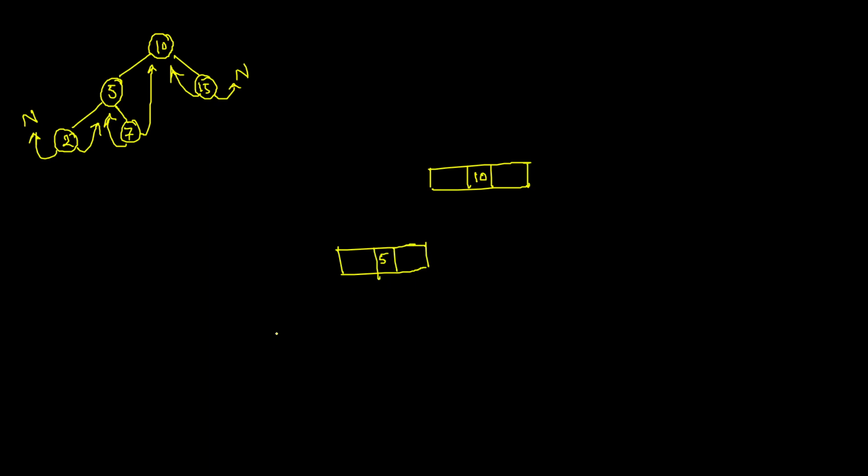There is a node for 2 here, suppose. There is a node for 7. And here we have a node for 15, right? The same structure I have drawn.